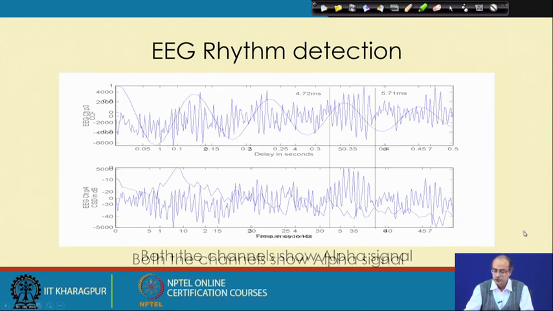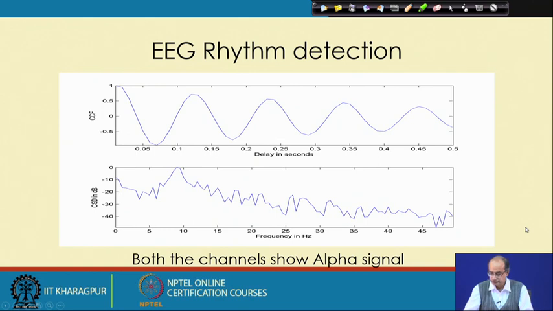To do that, we can take the cross correlation coefficient, and the cross correlation again gives a peak, just above 0.1 second.